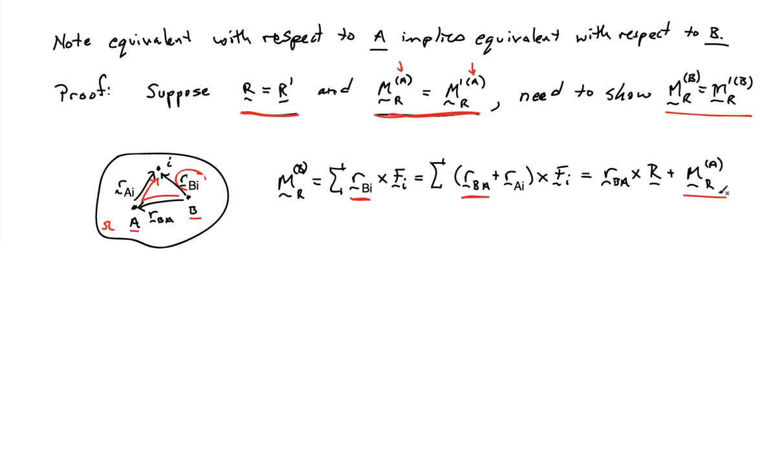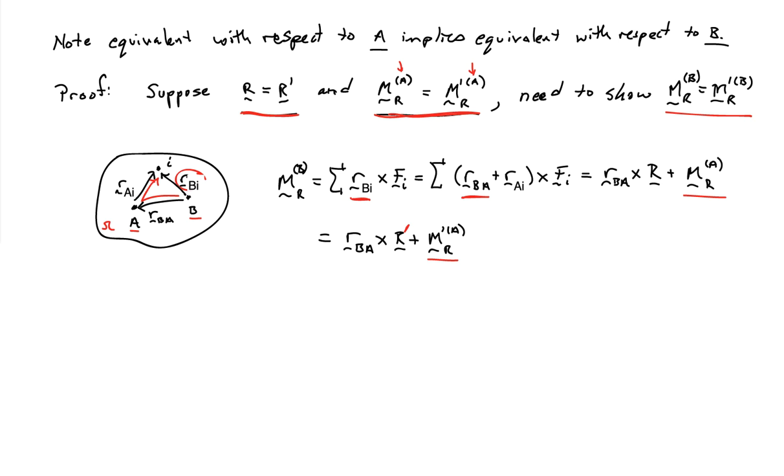Okay. Now let me go ahead and use another fact here, and that's simply that the moment about A is equal to the moment of the prime system about A, and also that the resultants are the same here. So I'll put the prime in there. We only have one R, so you don't really have to put the prime, but let's go ahead and write that in there.